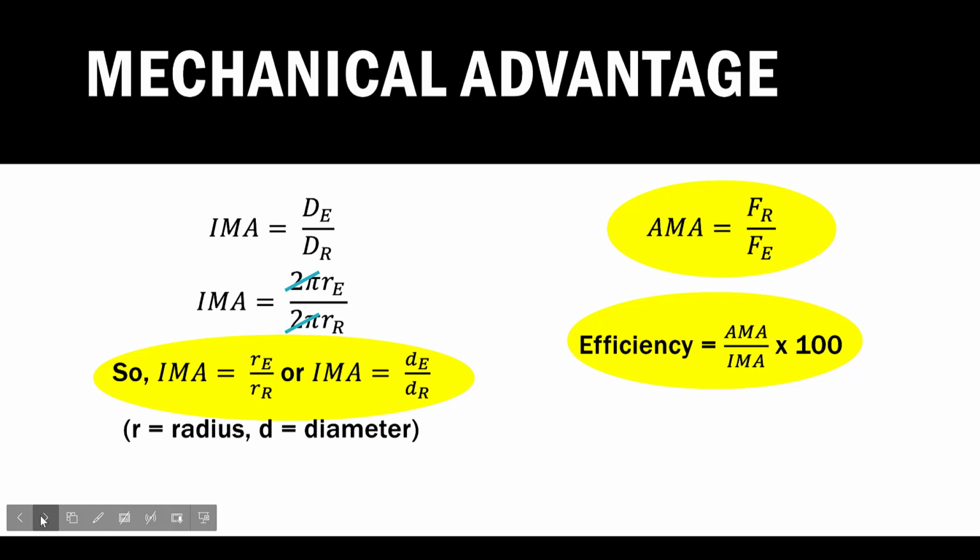This time for wheel and axle, we're going to add a different kind of problem where we know one of the mechanical advantages because we can easily calculate it, and we know the efficiency. And then we're going to work backwards to find the other mechanical advantage and a missing force or a missing dimension. So we're going to switch up our example types just a little bit.